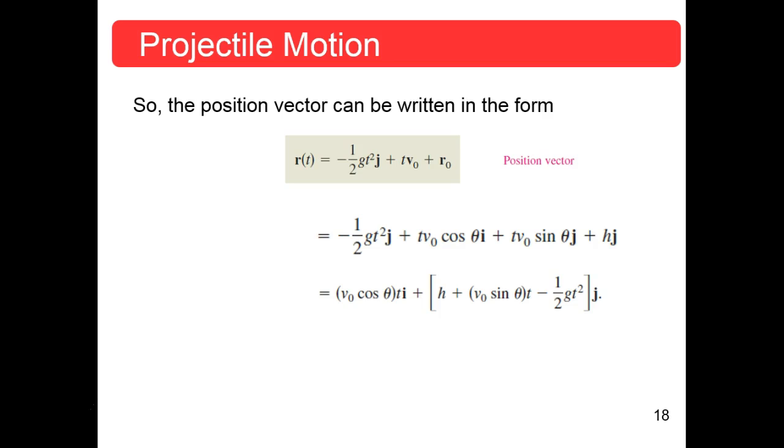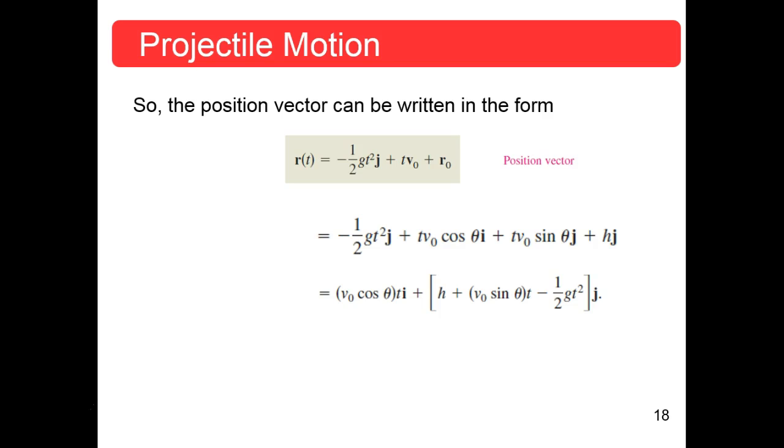So the position vector can be written of this form. R of t is equal to negative 1/2 g t squared j. We had that from before. Plus t v0, we got that last time, and r0, that's the thing we came up with in our last problem. But we've just been given this. We still have negative 1/2 g t squared j. That stays the same.